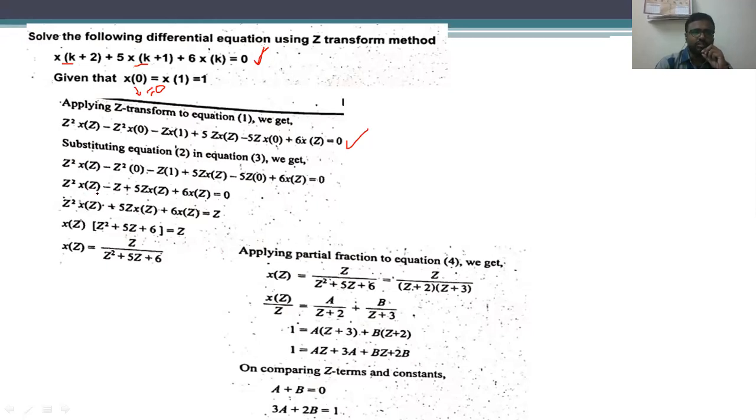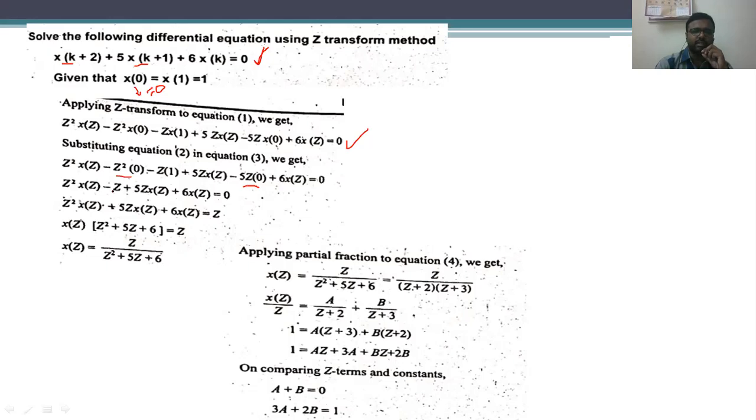Therefore z square into x of z minus z plus 5 into z into x of z minus x of 0, whose value is 0. So this value is also going to be taken as 0, plus 6 into x of z is equal to z. Therefore, we have the equation z square into x of z plus 5 into z into x of z plus 6 into x of z is equal to z.